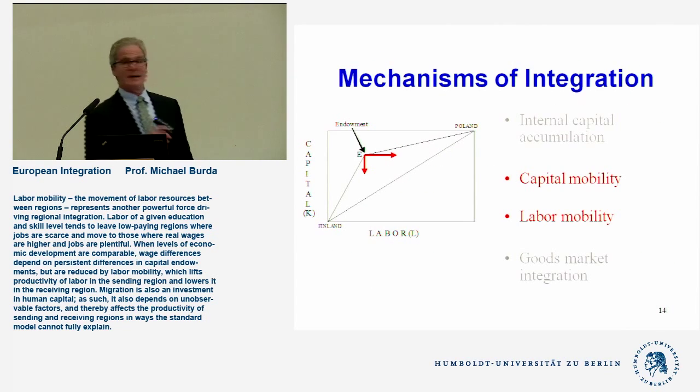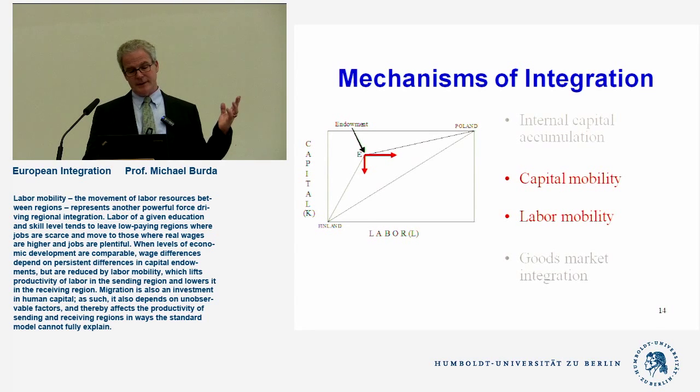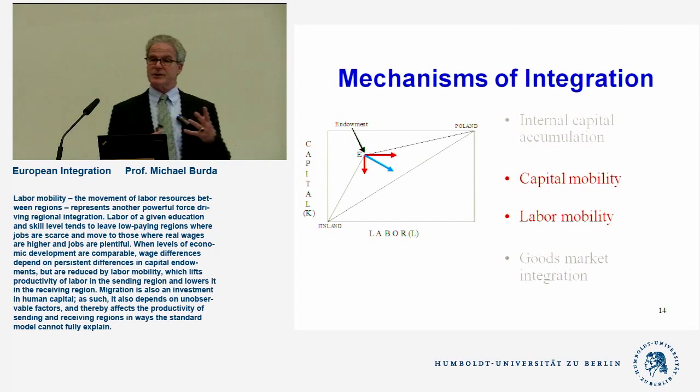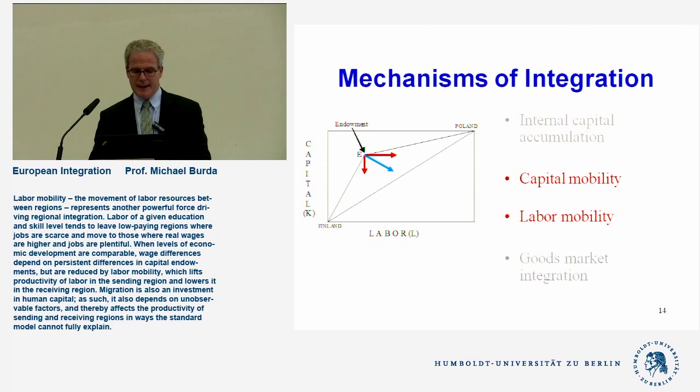So we have two vectors operating at the same time. We have the left to right movement implied by labor mobility, and we have the north to south movement, the arrow implied by capital mobility, and the sum of those two vectors is going to point us to some point on the diagonal. We do this in the master's course in more detail.